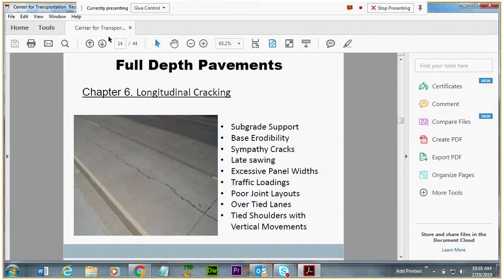Longitudinal cracking, which near the end of this presentation, I will go through one chapter, and it'll be longitudinal cracking, about some of the details of the chapters.